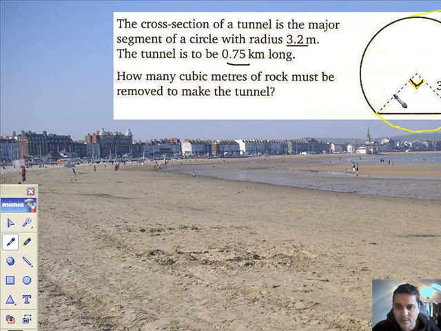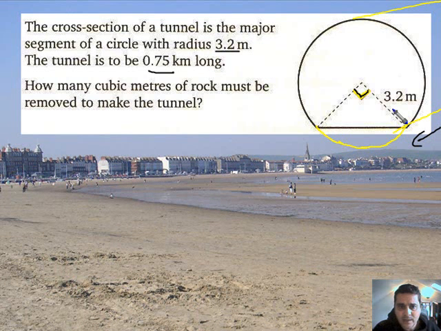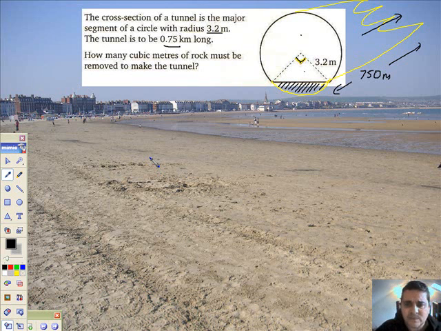I need to work out the area of this sector here, and gradually eliminate that little part there. If I get rid of that little part, I've got the area of this entire sector, and that little triangle will come into play as well. So bit by bit, let's take it one stage at a time. Let's do the area of the entire circle first.